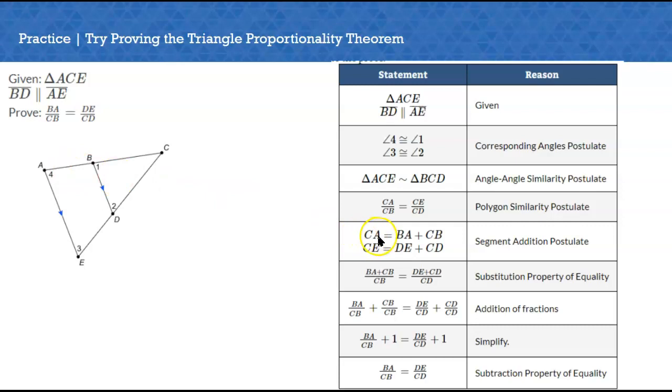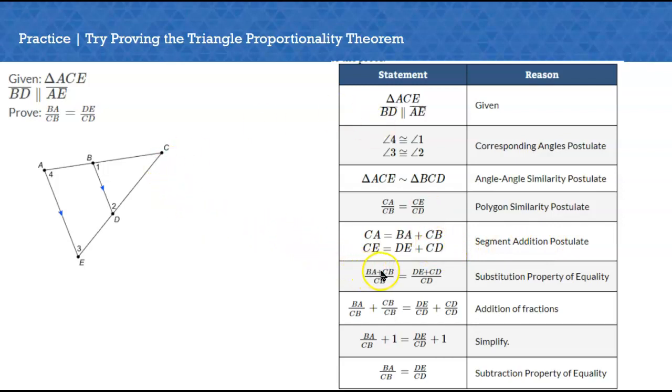And we are saying that CA is equal to AB, so this part of the line right here, plus this part of the line right here. What? No kidding. But we have to put that in our proof. We know that that's true because it's a postulate, but we still have to say that it's true. So we call that segment addition. That just means we're adding the lines together, okay?